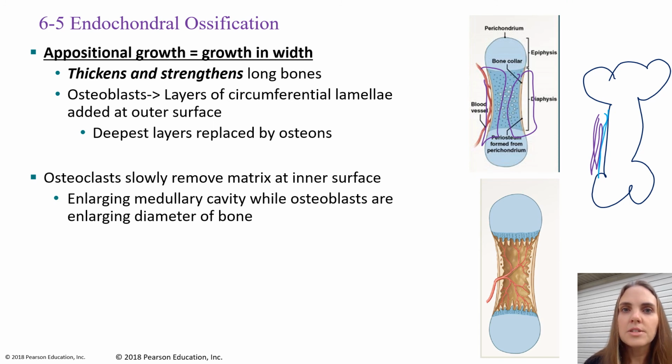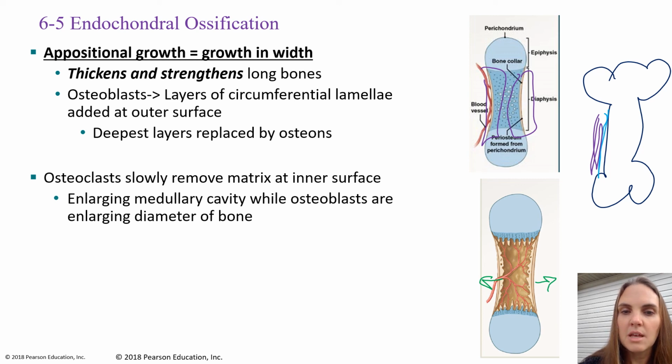In the deeper layers, the circumferential lamellae get recycled and replaced by osteons that are typical of the compact bone. Remember, those osteons are the concentric lamellae that we talked about in previous slides. During this whole process, while those osteoblasts are adding matrix to the outside surface, osteoclasts are slowly removing matrix inside the medullary cavity, but at a slower rate than the osteoblasts. So we've got osteoblasts increasing the width.